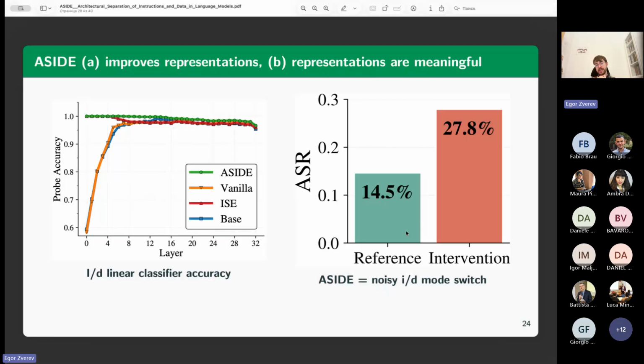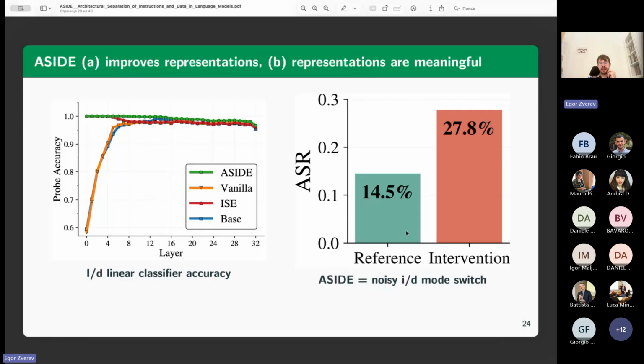But then what you notice is that after a couple of layers, this effect seems to decrease, and the curve for ISE basically joins vanilla and base, while the curve for ASIDE still stays on top, stronger, which at least I would interpret as the effect of ASIDE actually having a higher capacity to be carried over through every layer of the model.